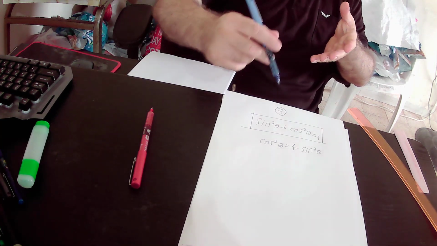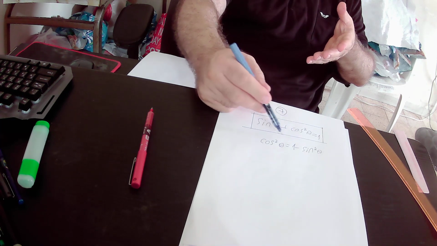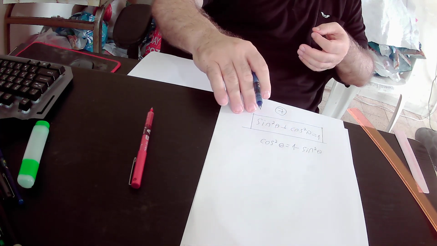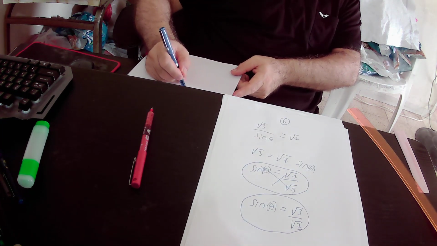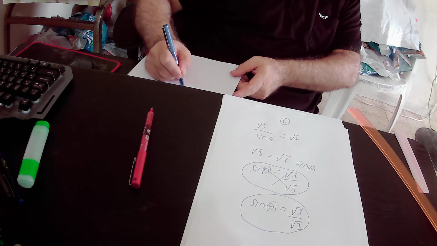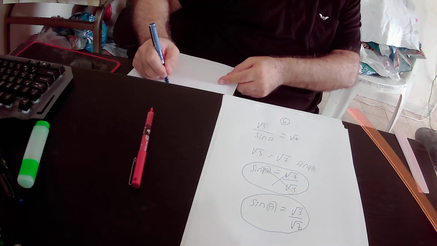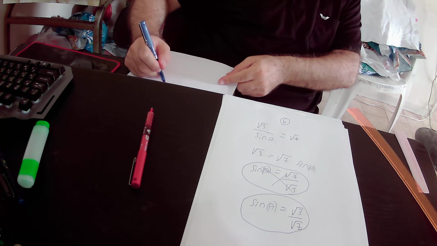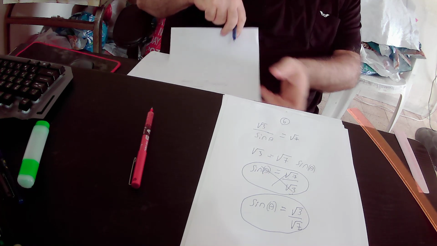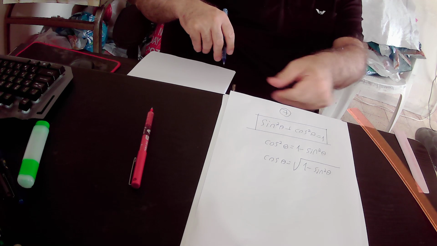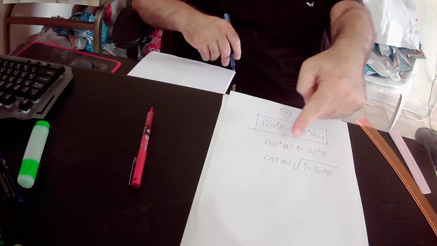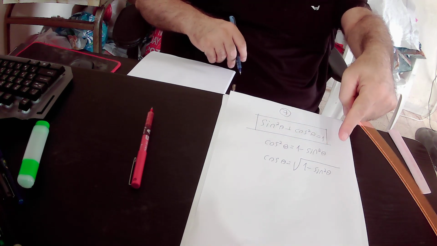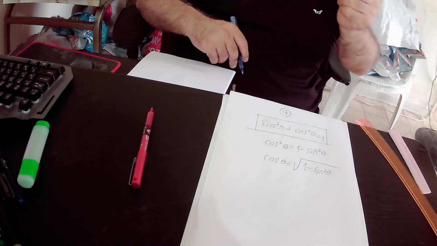In the next step, we will take a root out of this equality, and we will get that the value of cosine theta equals the root of 1 minus sine theta squared.